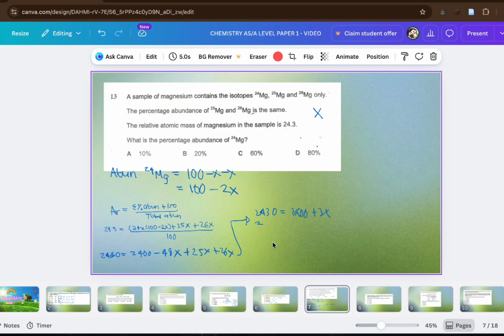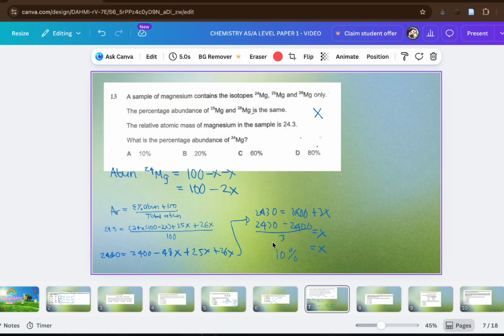We move the numbers here. 2,430 minus 2,400 over 3 equals x, which results in 10%.